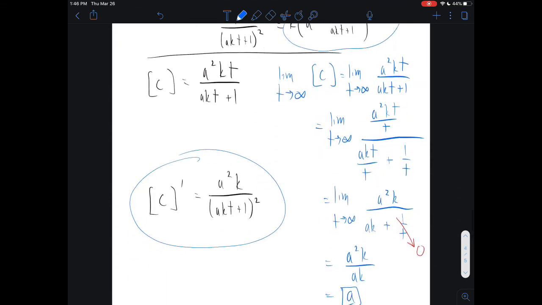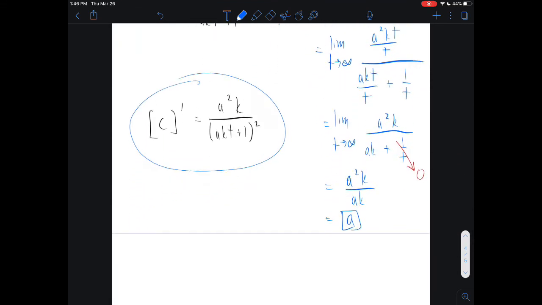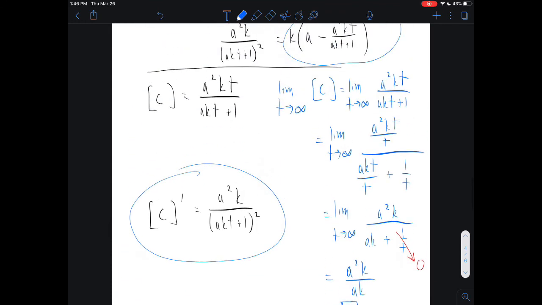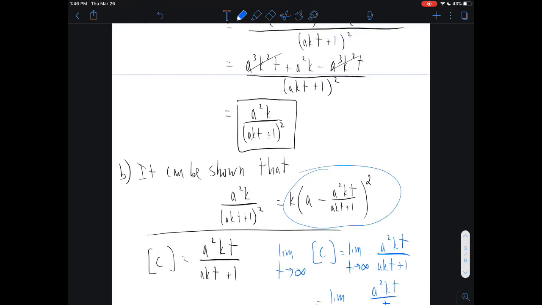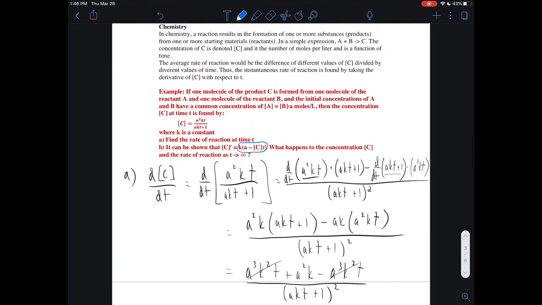So, if we want to find the limit as t approaches infinity of the rate of reaction, that's the same thing as the limit as t approaches infinity of either the expression that I've circled here, or what I've circled there, or what I have at the very beginning. I can use any one of those, and I'm actually going to use this one because then that can use the result that we just found.